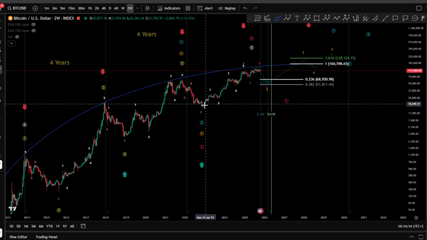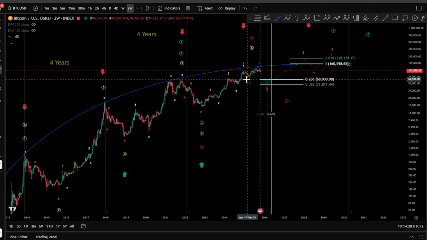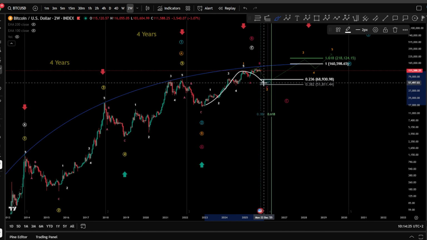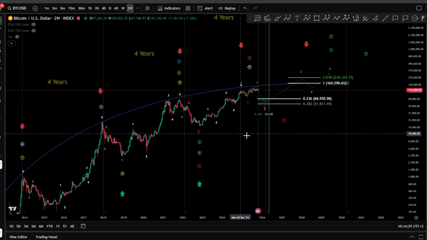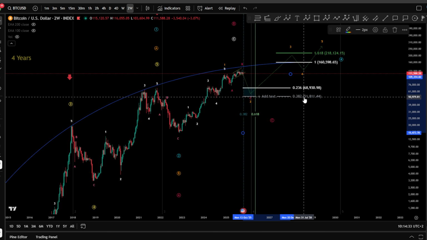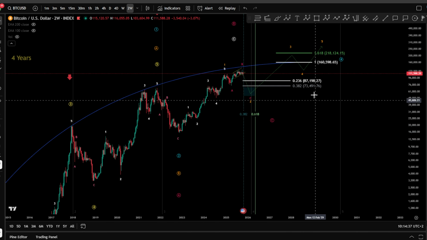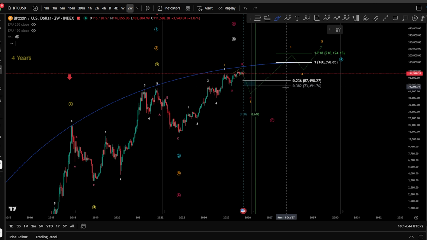However, with this impulse where we have 1, 2, 3, 4, 5, this might be your wave 1. And you know, always in an impulse, we need a 1, a 2, always 3, 4, and a 5. So there is no escape from a wave 2 for Bitcoin. And the wave 2 normally is always hitting the fib levels, with 0.38 as a minimum requirement for a wave 2, and of course below it, right?